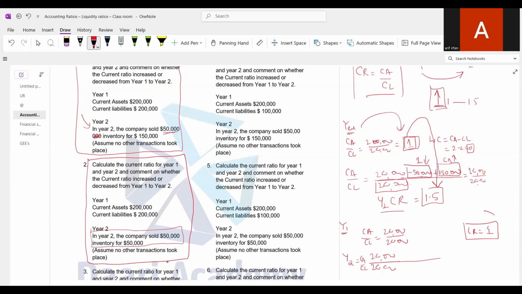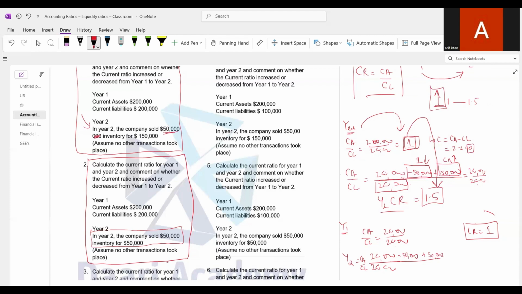How many elements is it going to hit in the balance sheet? Out of 5 elements, which ones is it going to hit? Inventory is a part of current assets, so current assets decrease by 50,000. And since it is sold for cash, cash is increased by 50,000. Again, it is hitting the current asset.